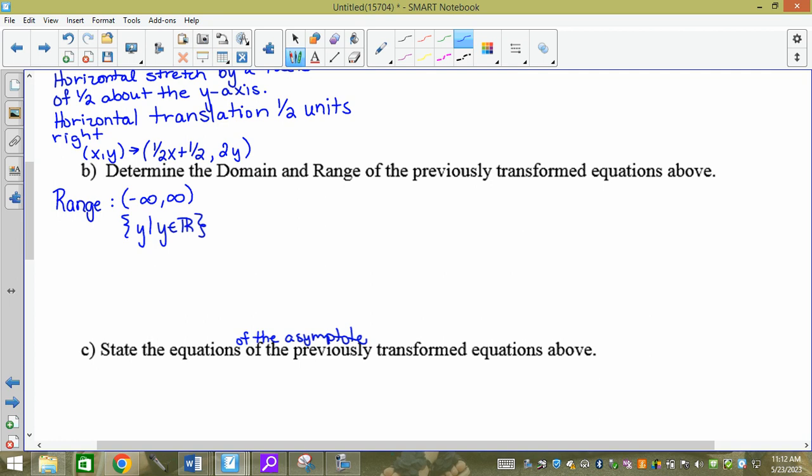Vertical. What's the only thing that can move my vertical asymptote? Horizontal translation. So I have a vertical asymptote at x equals 1/2.